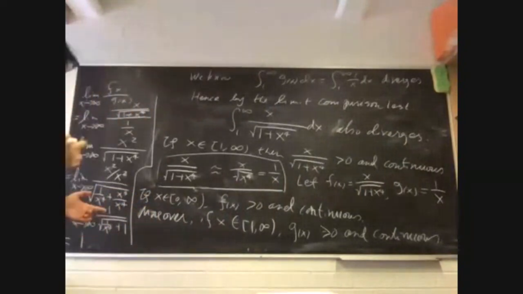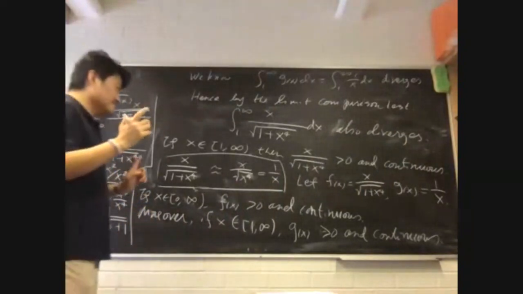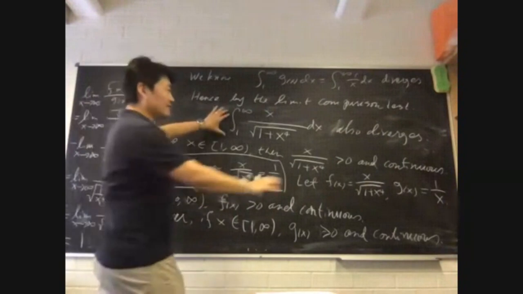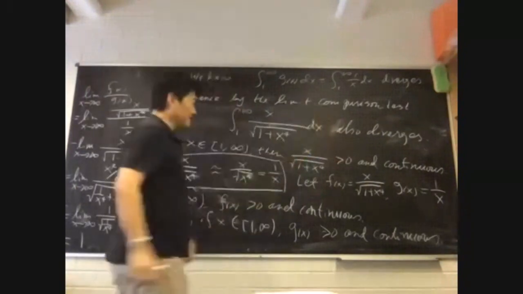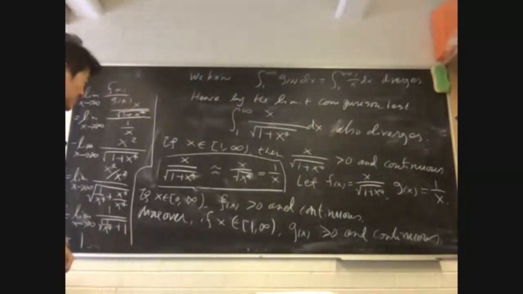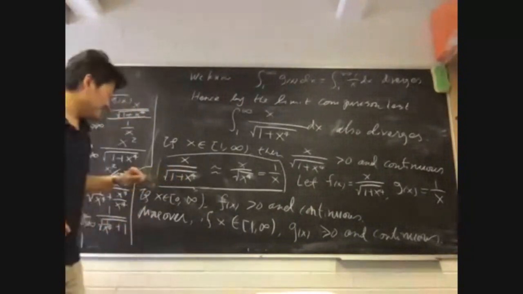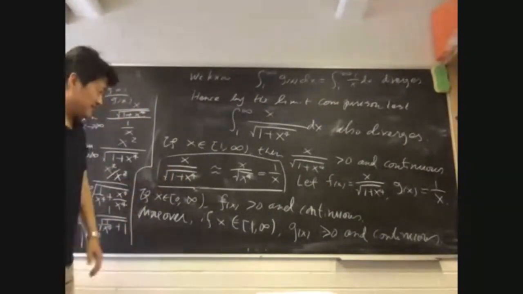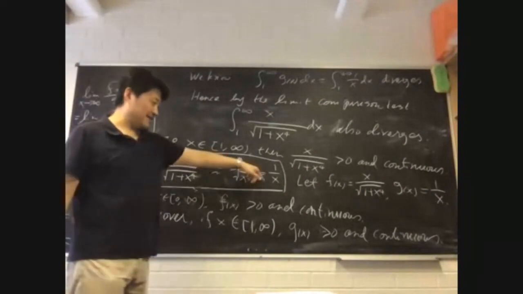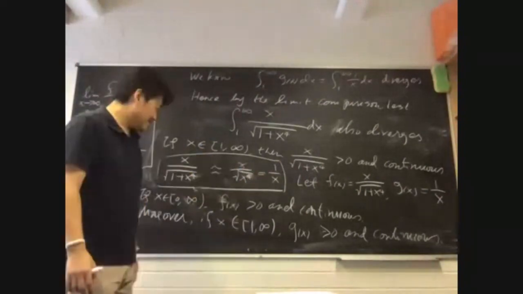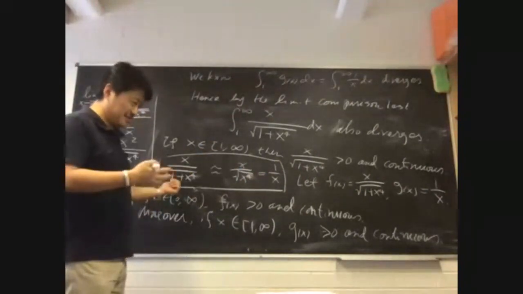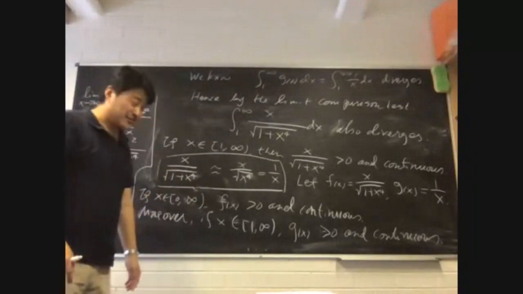Again, to recap, this is the integral that we wanted to determine whether it converges or not. We looked at it. For very large x's, it should be very much like 1 over x, because the 1 is insignificant when x is very large.